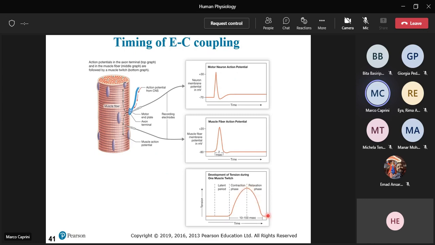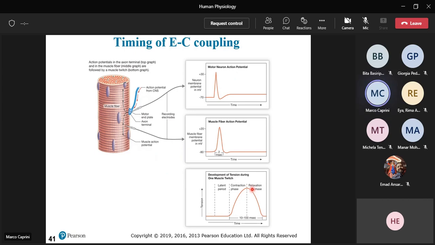And this period, 10 to 100 milliseconds, depends on the type of the muscle that we are studying. Okay, but a single contraction phase followed by a relaxation phase is called twitch.